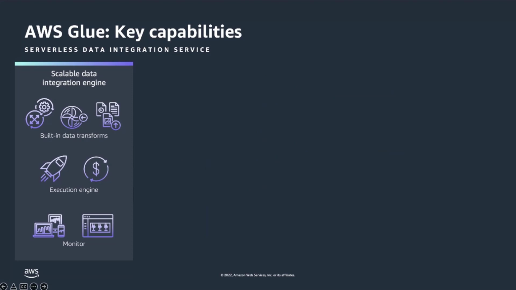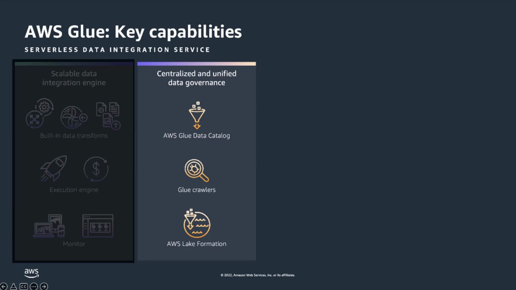The key capabilities of Glue include our scalable data integration engine with our built-in transforms designed for simplifying data integration tasks. Again, it's our serverless execution engine that is only charging you for what you need. And it's the ability to monitor all of those jobs in a centralized system and easily identify and troubleshoot issues.